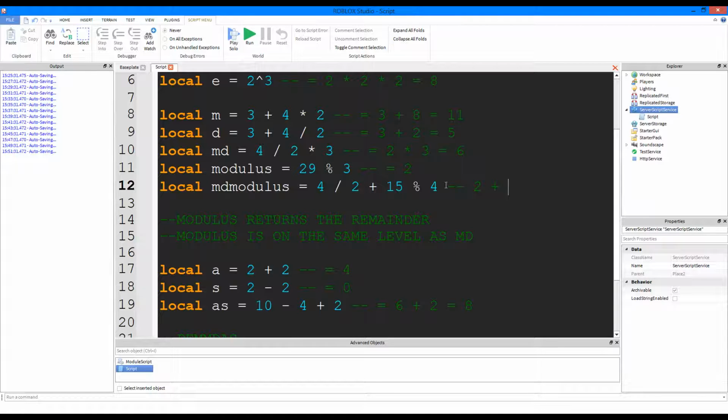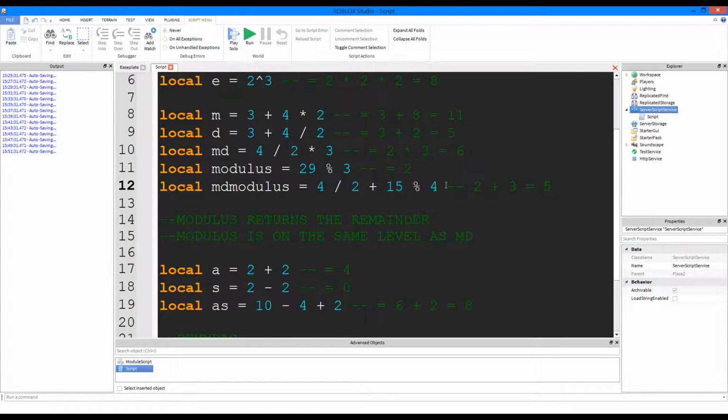And 15 modulus 4 is actually 3, because we know 12 can be divided by 4, but we know the next highest number is 16. So how much is left over after we subtract 12 from 15? 3. So remember, modulus returns the remainder. The answer is 3. 2 plus 3 equals 5.